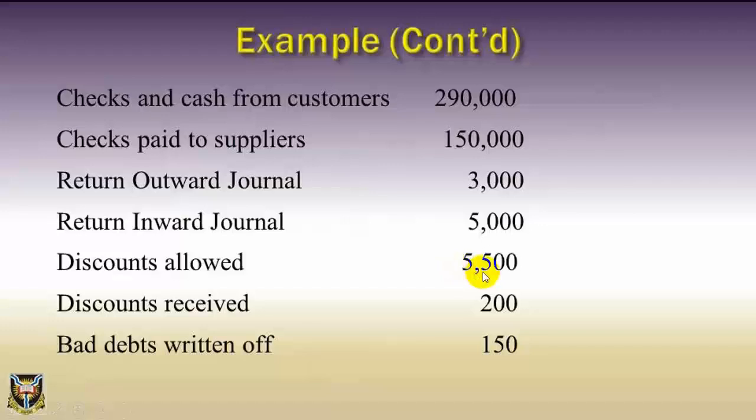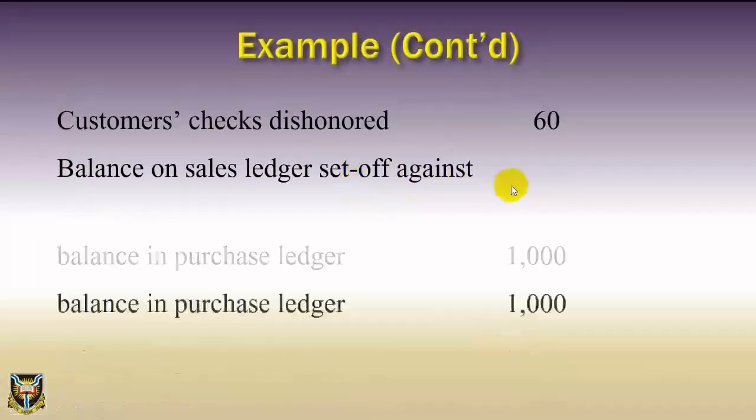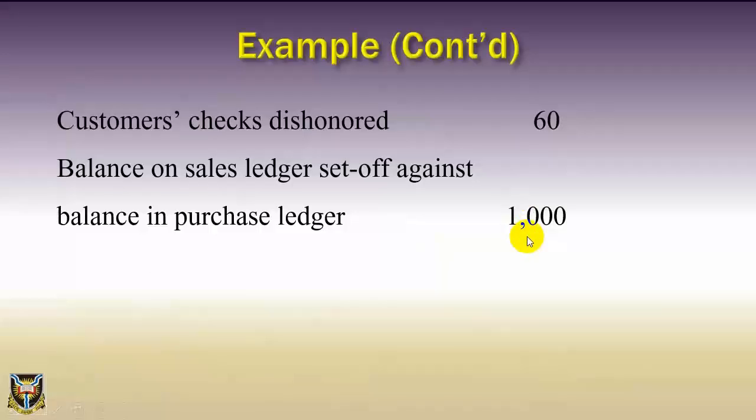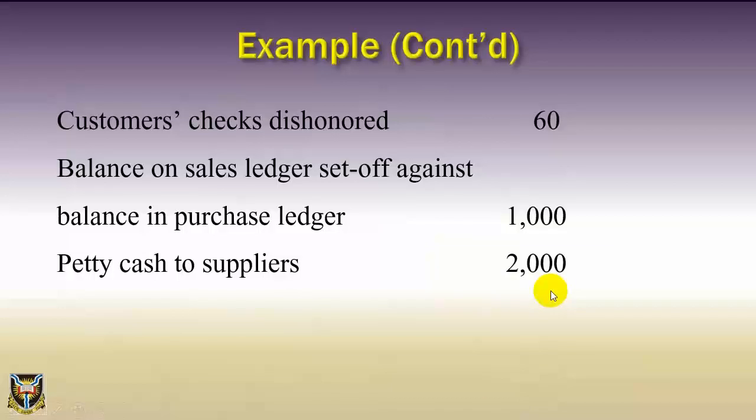Discount allowed 5,500. Discount received 200. Bad debt written off 150. Customers checks dishonored 60. Balance on sales ledger set off against balance in purchase ledger 1,000. Petty cash to suppliers 2,000.